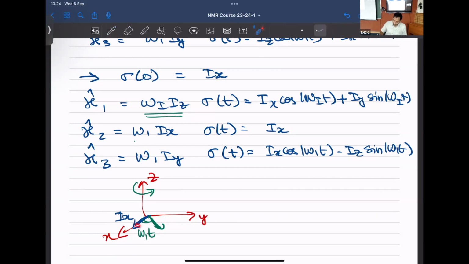So essentially the projection along X will be Ix cos omega 1t plus Iy sine of the same angle. So basically, all these are counterclockwise rotations about the pulse or whatever perturbation that you're applying.